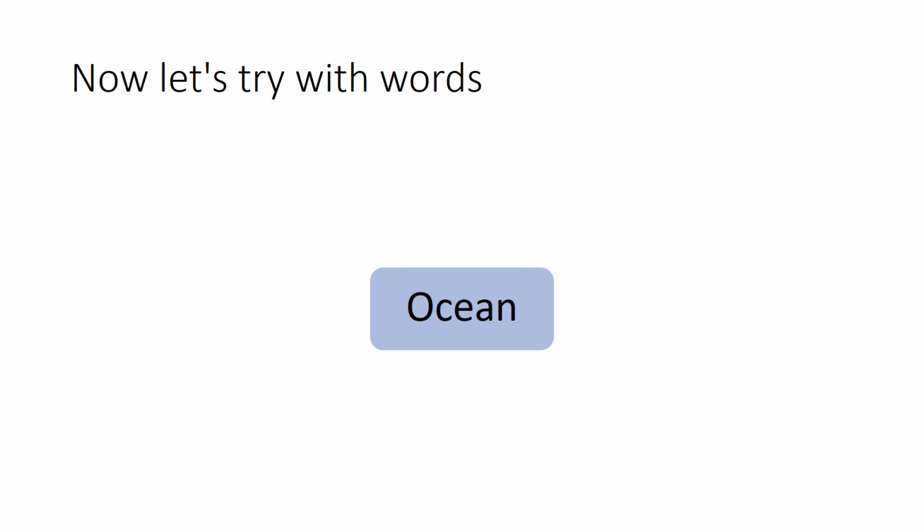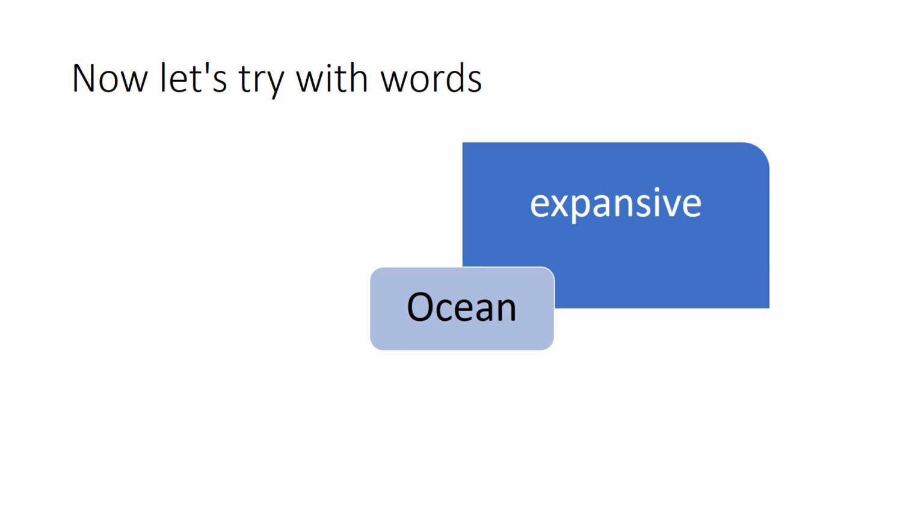You can be either talking about its connotations or its denotation. So, if we say expansive, like for example, if I say he has an ocean of knowledge, meaning that he has expansive knowledge. It does not mean that there is water in his mind.